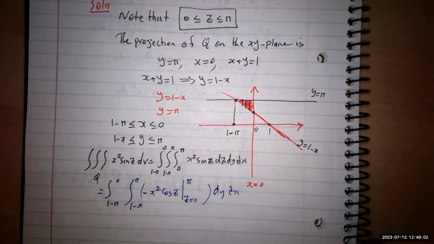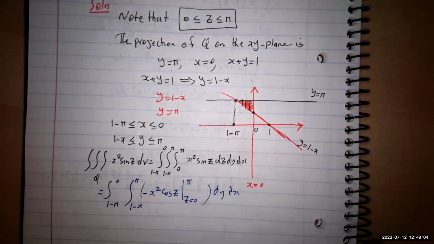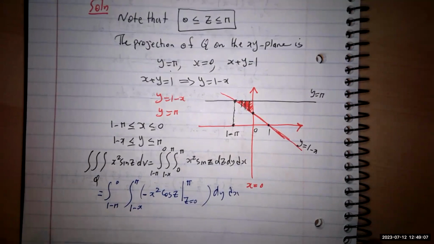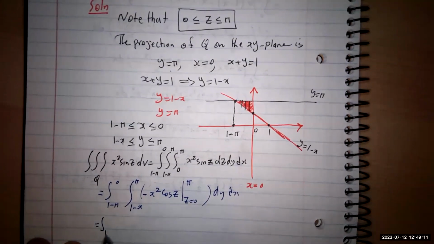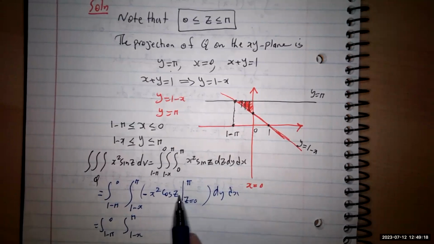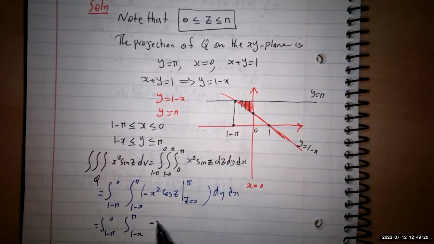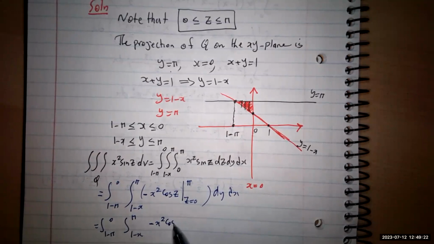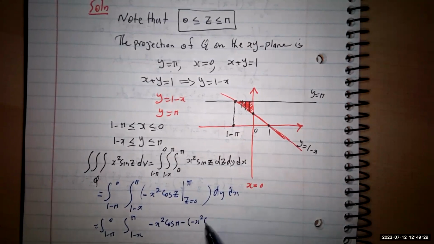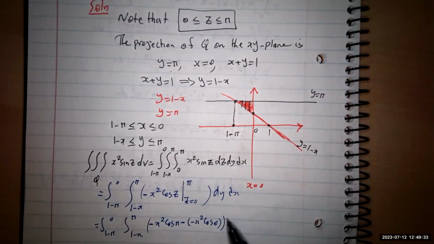If you put in pi and 0, that gives you kind of 2. So this is the integral from 1 minus pi to 0, and this is 1 minus x to pi. If you put in pi, that gives you negative x squared cosine of pi, minus negative x squared cosine of 0. Then dy dx.